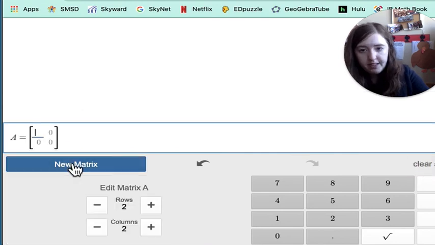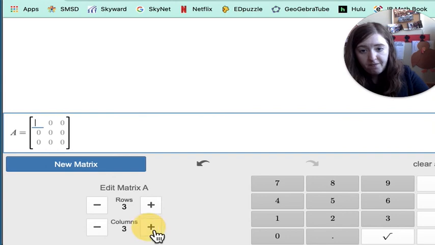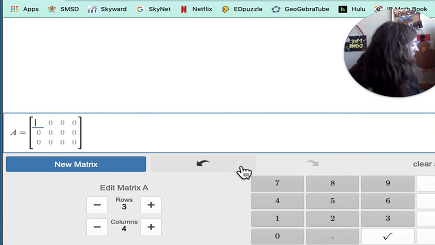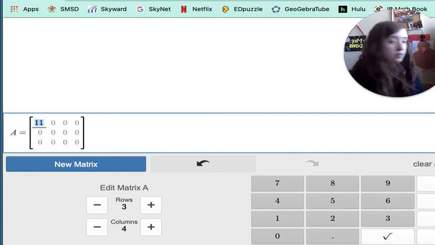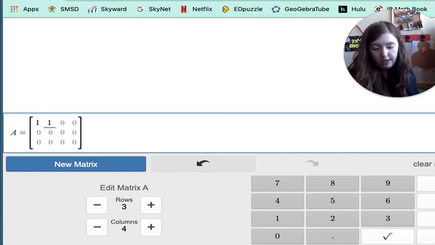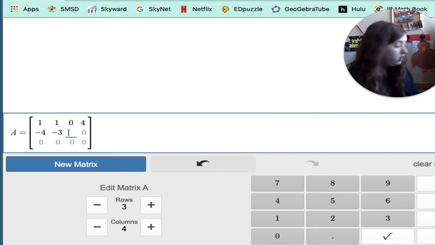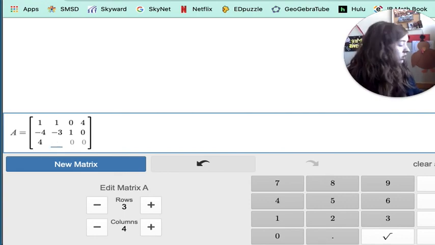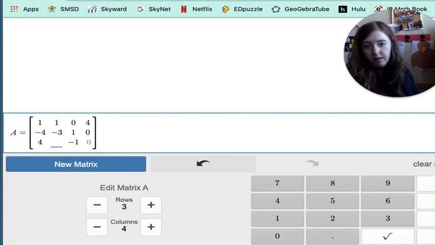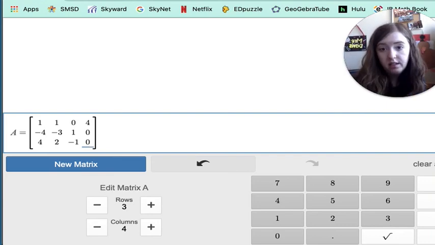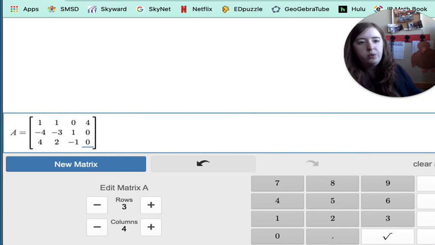I'm going to click New Matrix, and this is a 3 by 4 matrix. 1, 1, 0, 4, negative 4, negative 3, 1, 0, 4, 2, oopsies, negative 1, lost the 2, and then 0. Let me double check. Yep, no mistakes, cool. Enter.